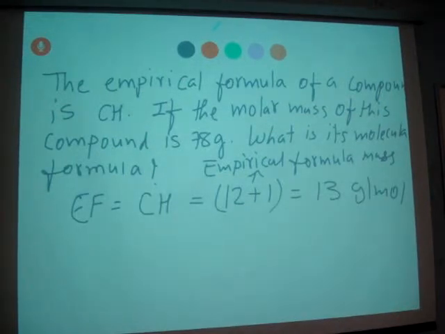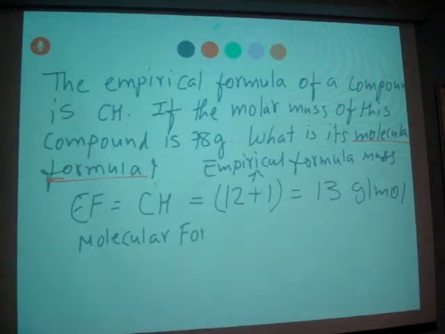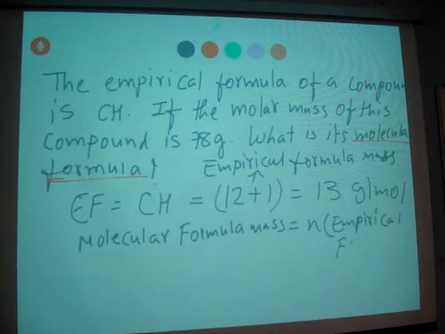Now we need to find out molecular formula mass. So we are going to write the formula for that. You know that molecular formula mass equals N times empirical formula mass.